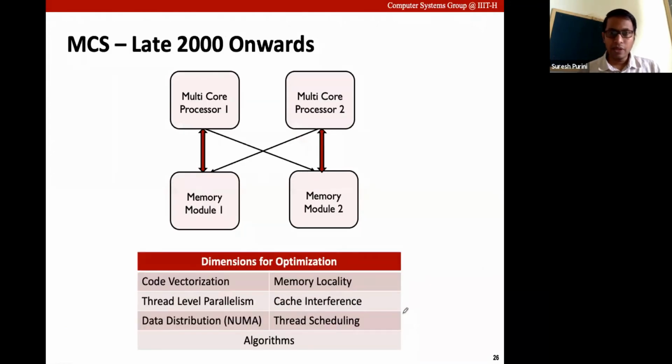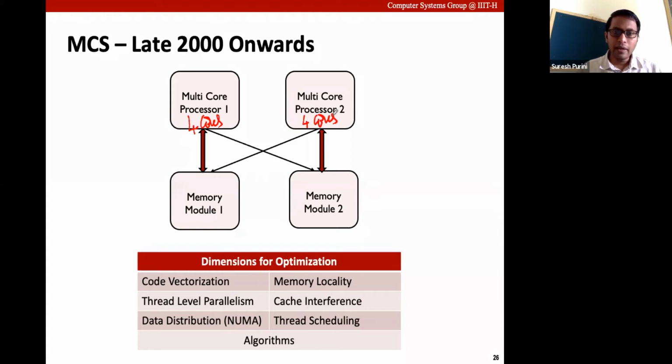Now the story doesn't end there. If you go to server class machines, on a motherboard you will have what are called dual socket motherboards or quad socket motherboards. That is, on the motherboard you can have 4 different processors or 2 different processors sitting on the motherboard. If you see multi-core processor 1, it may have some 4 cores, and this may also have some 4 cores.